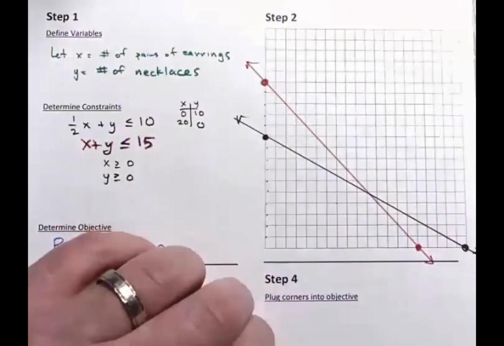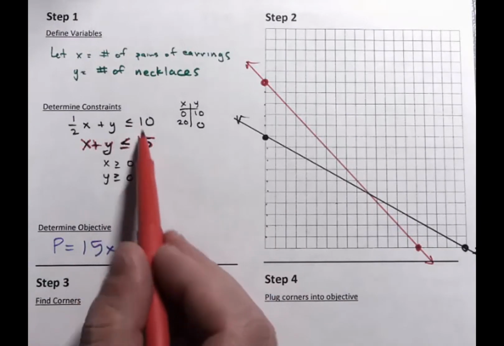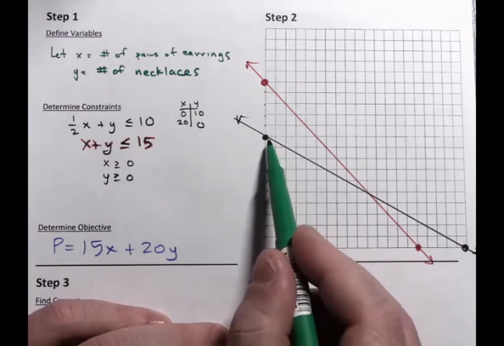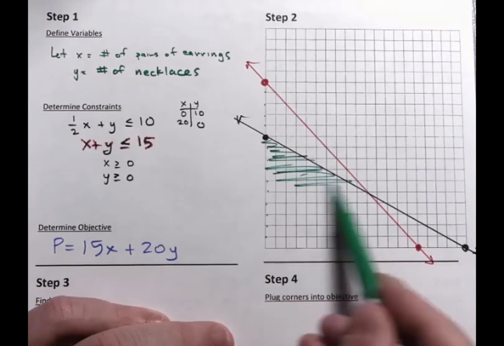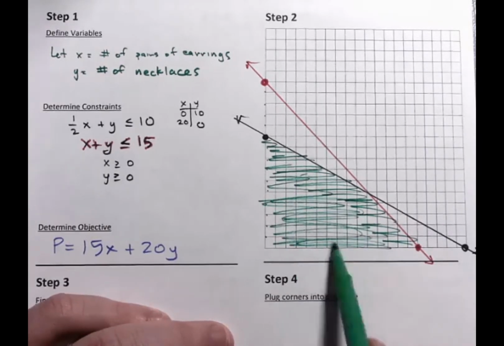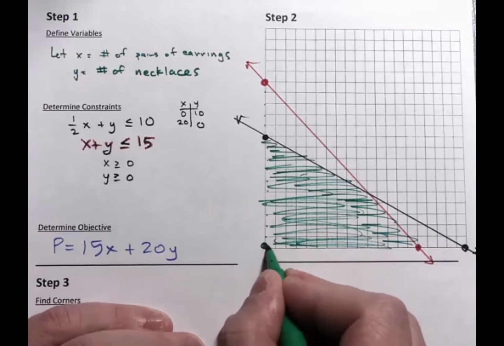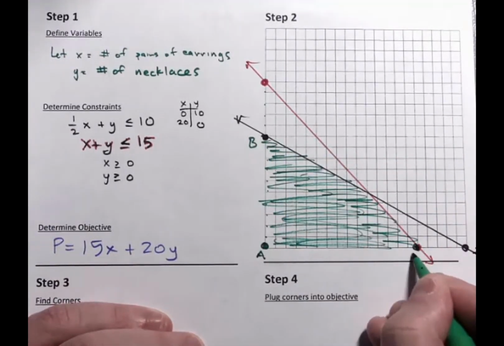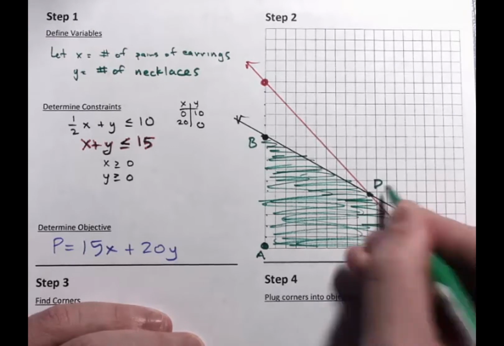Okay? Both of these are less than or equal to, so it's going to be below the red and below the black, and it's going to have to stay in the first quadrant. So the region of feasibility is going to be this region right here, which has 4 corners, which I'll call A, B, C, and D.